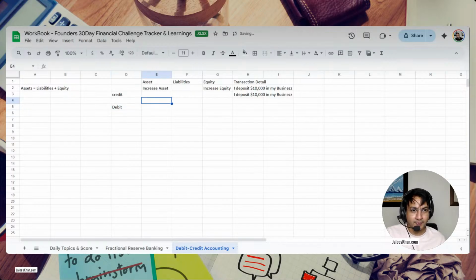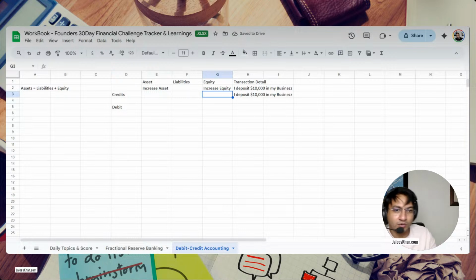Damn it, that sucks. I'm not good at making tables, but good to understand. In this case, what is happening? I deposit 10,000 in my business, that increases the equity, this increases the asset.